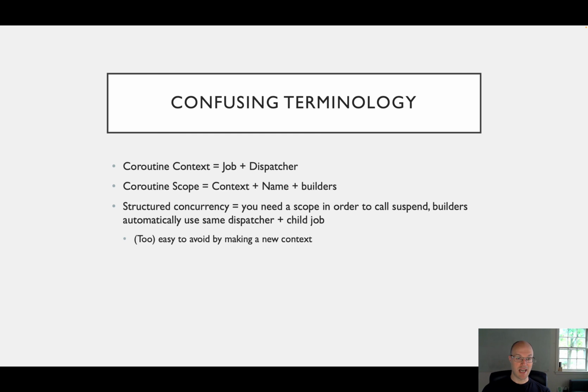Another thing you'll hear a lot is people saying structured concurrency. It's this really popular buzzword with coroutines. And essentially all that is referring to is, first of all, this requirement that you need a scope in order to call suspend functions, because a scope has the job and the dispatcher, which are the important pieces of structure. And second, that those builder functions have automatic sensible behavior, that they will automatically reuse your dispatcher, they will automatically give you a child job.